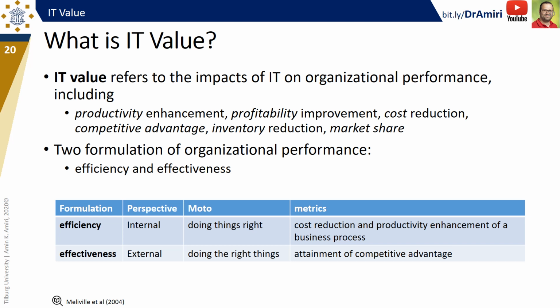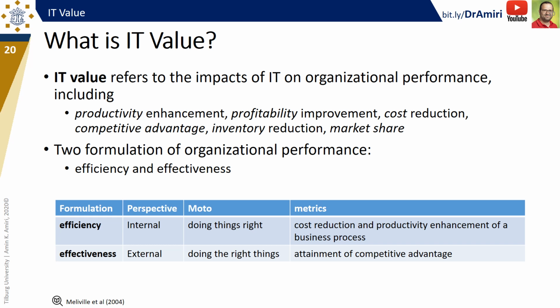company's status. We have two formulations of organizational performance: efficiency and effectiveness. With efficiency, we have an internal view of an organization. We try to do things right, which means that we try to reduce the cost of the business processes. We try to improve the productivity of the business processes in the organization.